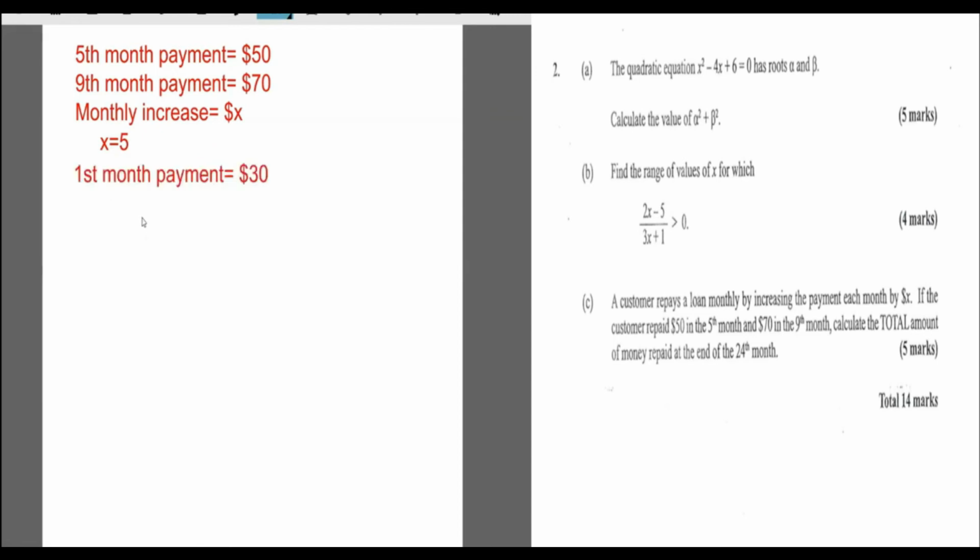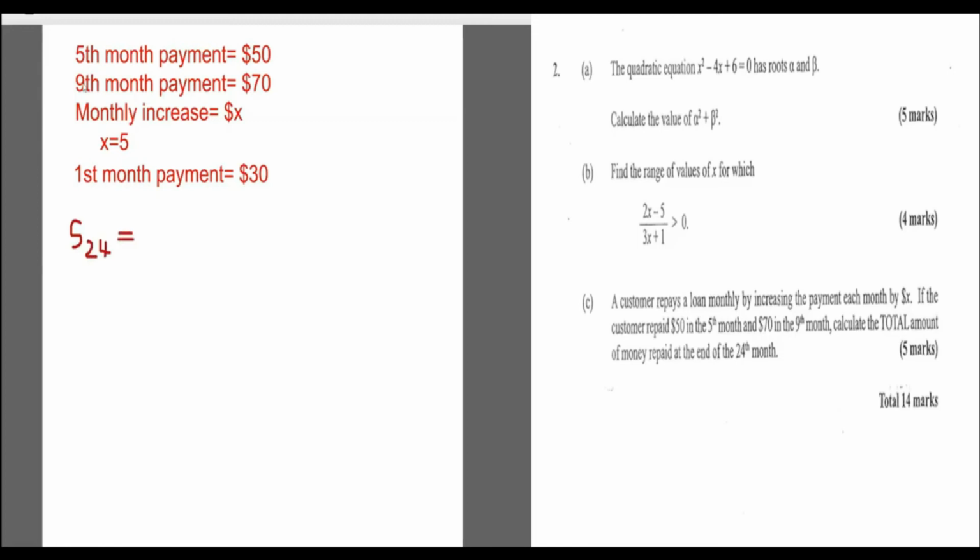So to find out how much you're going to pay at the end of the 24th month, this is a sequence question. You can do it two ways, and I'm going to show you both ways. The first way is to say that the sum, I like to write S for sum, of the first 24 months' pay is a sequence question.